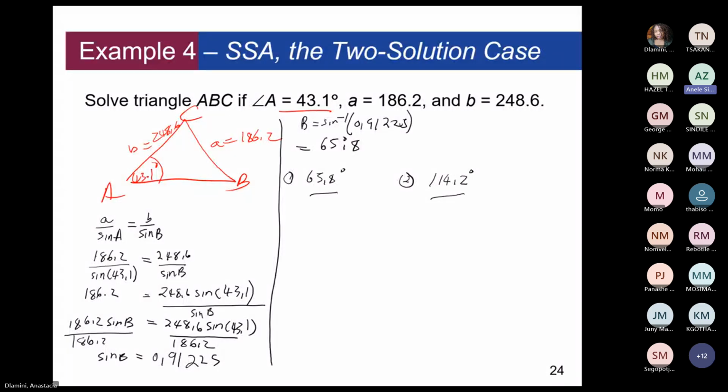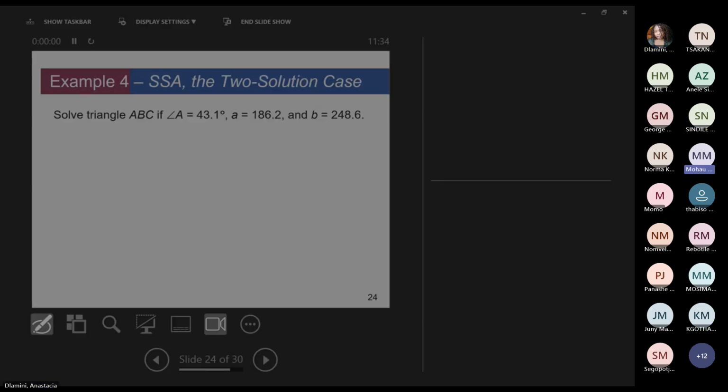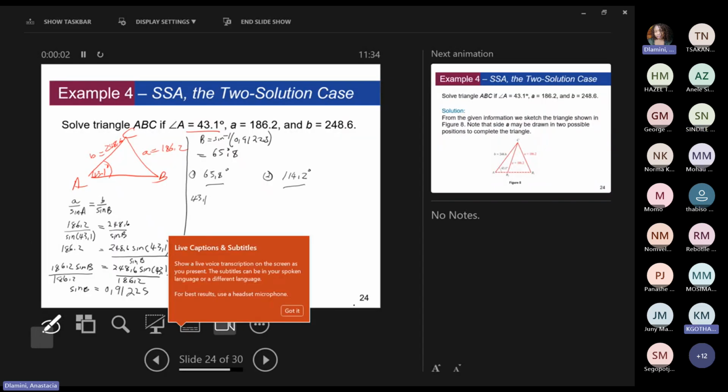Ma'am, B is none because both of them are greater than 180. Sorry, you add them with the given angle.